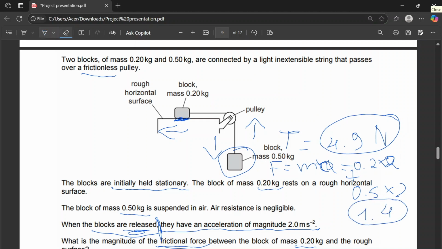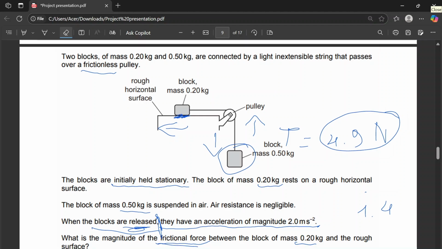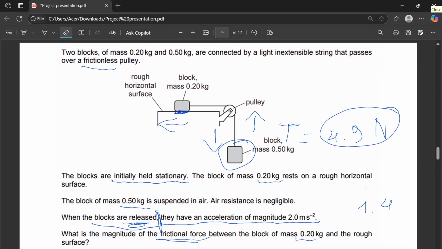So we found out that the 1.4 we need to subtract from our total force, so that we will get the final answer, which is the frictional force acting. So if we subtract this, this will be probably 3.5 newtons. This gives us the answer A.